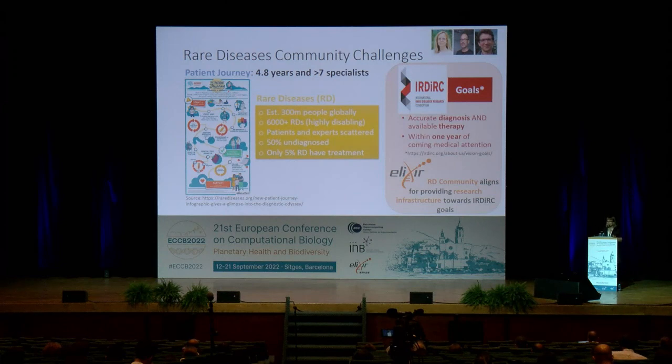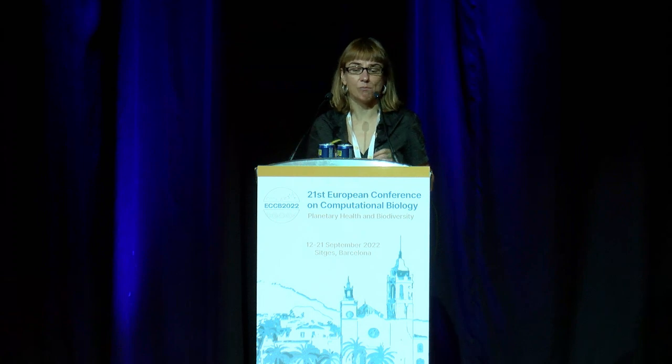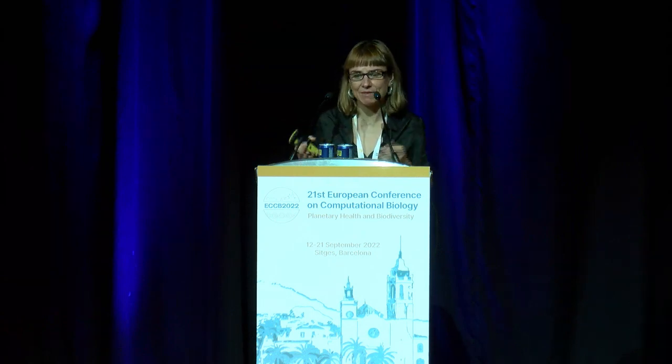Diving a bit deeper into the challenges of the rare disease community, the problem that I just explained has a name. It's called the patient journey, and in rare diseases, on average, it takes the patient an average of 5 years to get a diagnosis, and encounters with more than seven specialists.